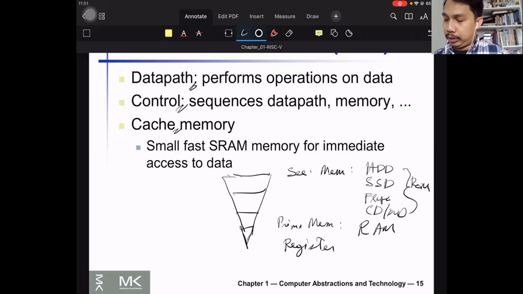But registers are much faster than RAM because registers are situated closest to the CPU or the microprocessor itself, to the ALU, the arithmetic logic unit.